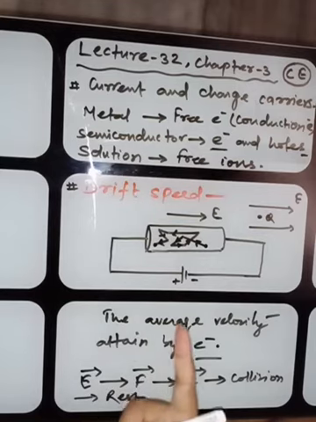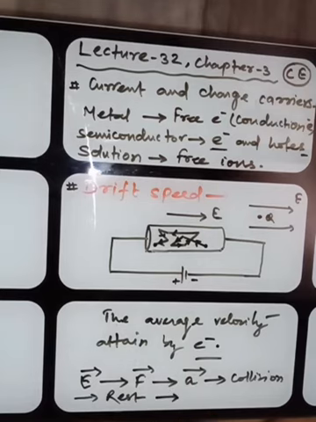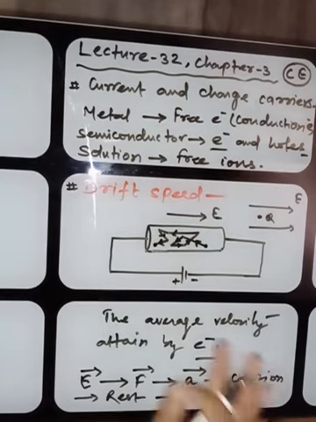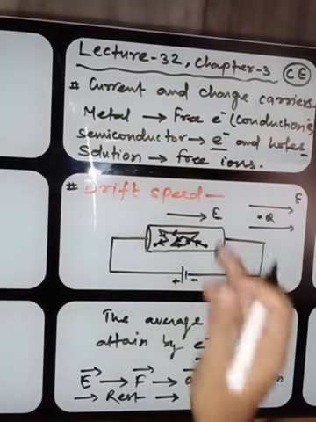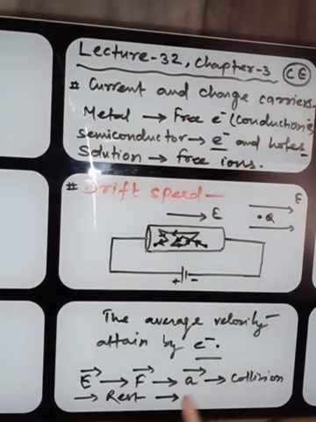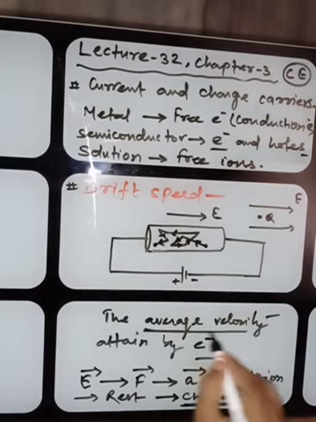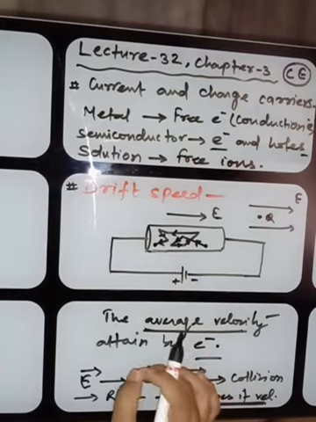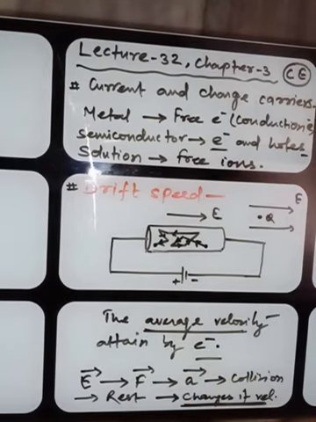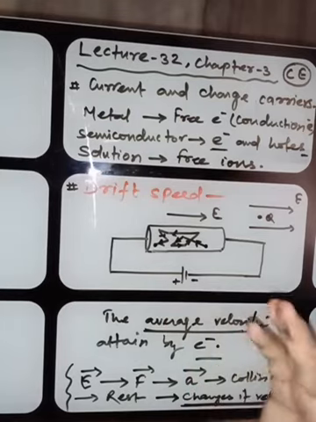It stops momentarily, but it does not stay at rest for all time, because the electric field is continuously applied, so it starts moving again. It changes its velocity, and after each collision it attains an average velocity, and that average velocity is called the drift velocity or drift speed of the conductor.